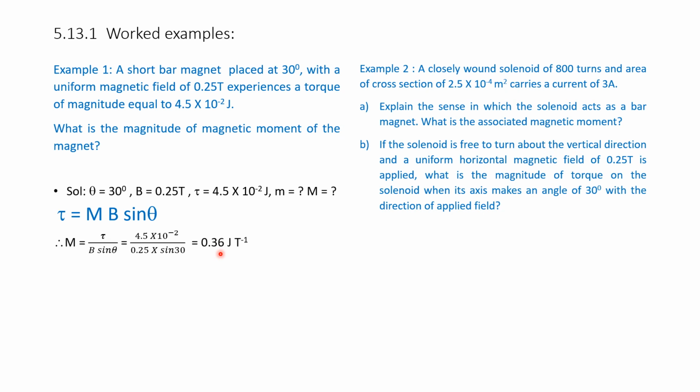And part B is, if the solenoid is free to turn about the vertical direction and a uniform horizontal magnetic field of 0.25 Tesla is applied, what is the magnitude of torque on the solenoid when its axis makes an angle of 30 degrees with the direction of applied field? So you please study and think for some time, and then we will take up the solution.